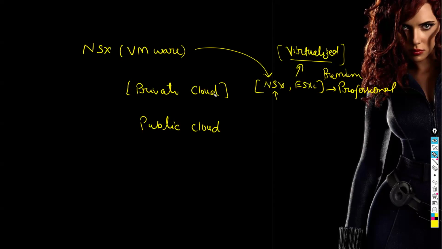So here, what is happening now? Let's suppose this is a private cloud environment. In a private cloud environment, they deploy VMs. VMs means like normal PCs, usually used for servers.